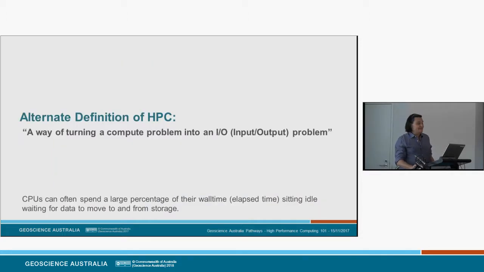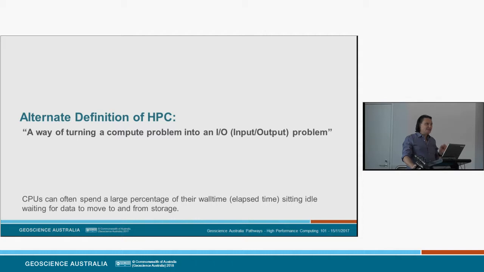So an alternate definition of HPC is a way of turning a compute problem into an input-output problem. We've got oodles of compute at the NCI, more than we can use. But if you have a look at the stats for different projects, there's a ratio between the wall time or the elapsed time for jobs and the actual CPU time.